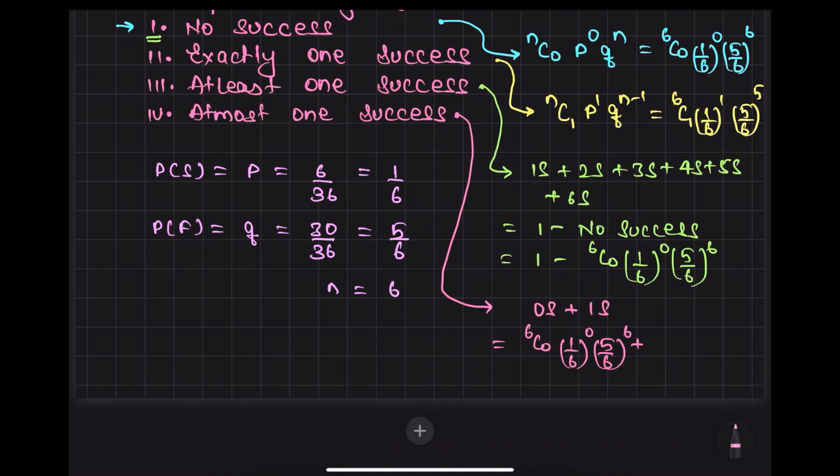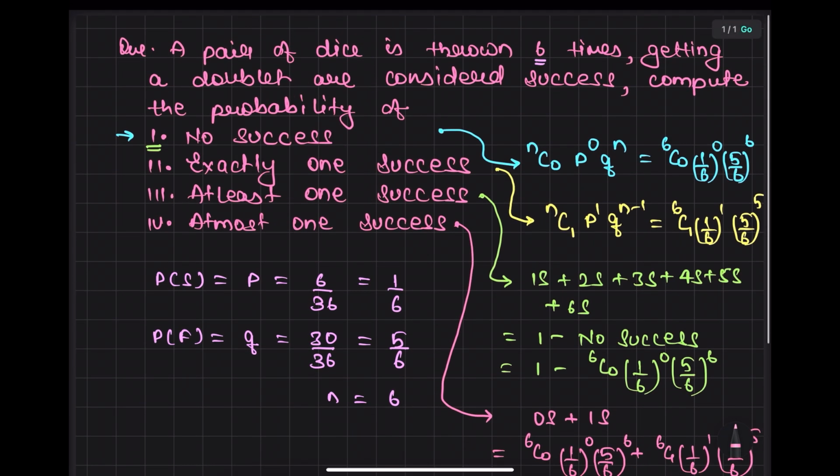One success means what? Question number 2. Okay, so this is 6C1, 1 by 6 power 1 and 5 by 6 power 5. Okay, so this is the answer to this question.